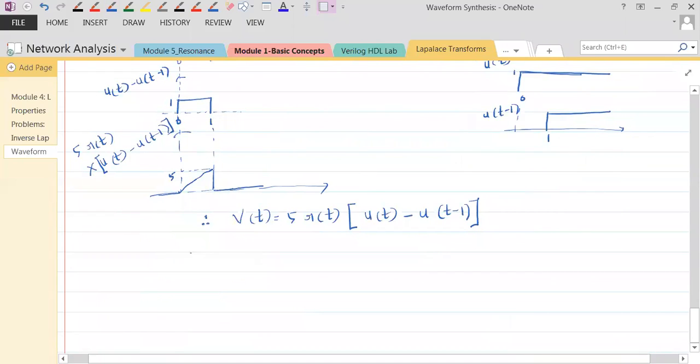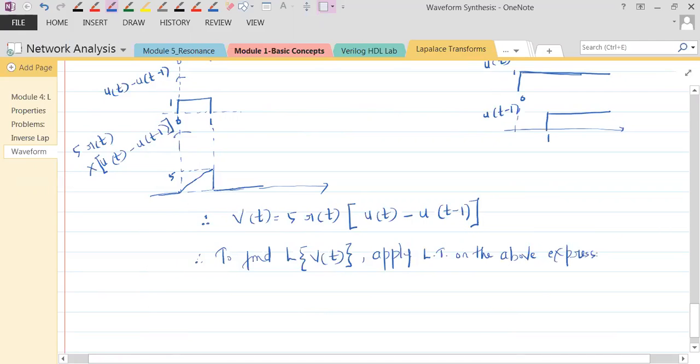Therefore, to find the Laplace transform of v of t, apply Laplace transform on the above expression. If you apply Laplace transform, how is it going to look?